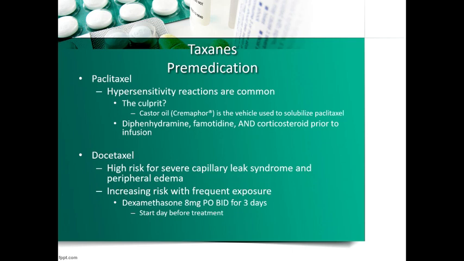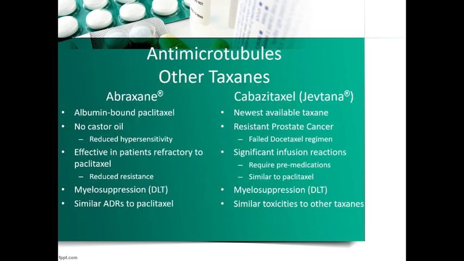Docetaxel can cause capillary leak syndrome, can cause edema, and so dexamethasone can be given for a few days before and after to help reduce this inflammation. Okay. We do have other taxanes, so the most notable one here that you'll see is Abraxane. So instead of having castor oil, this is actually bound to albumin.